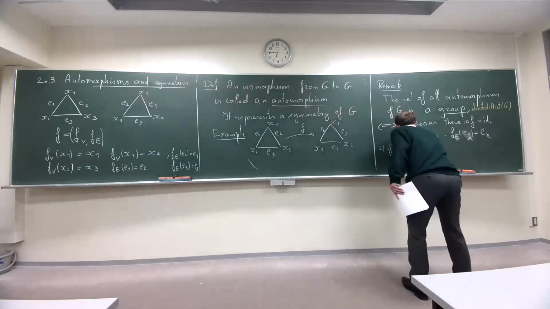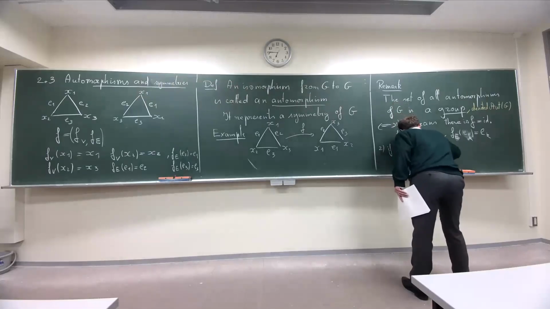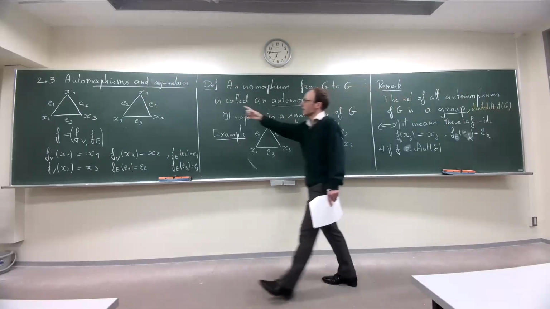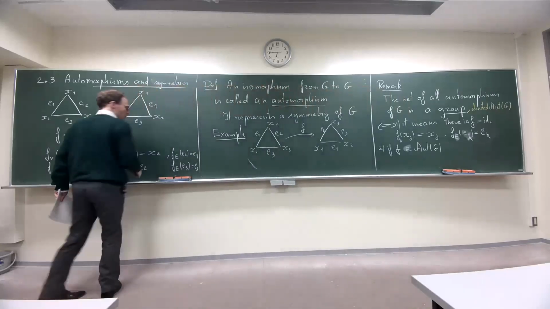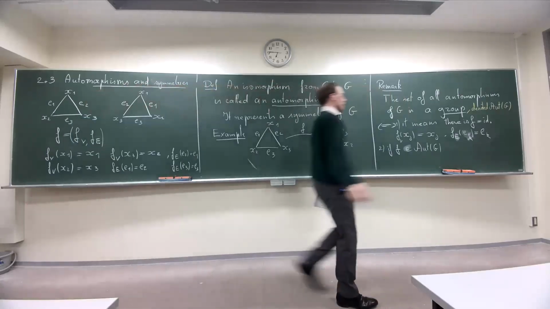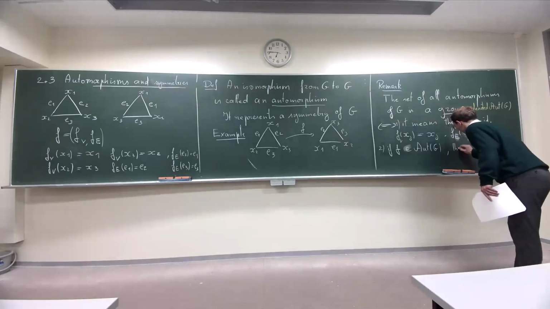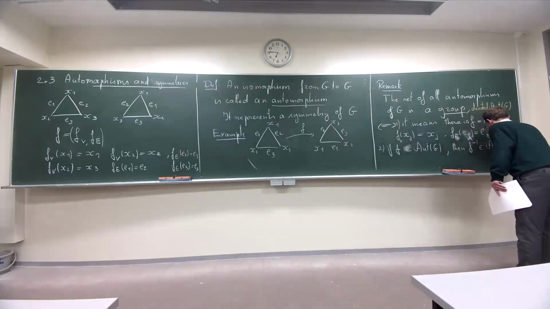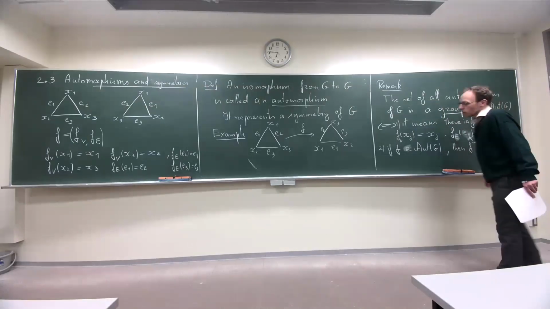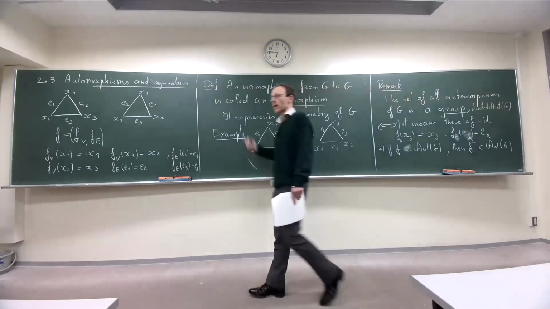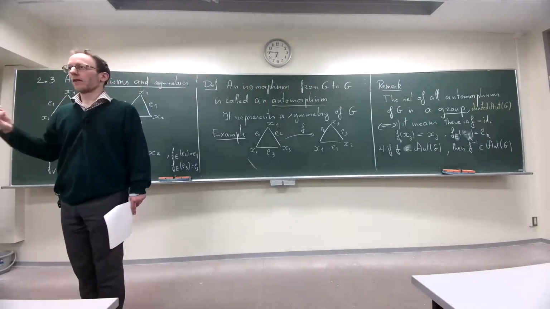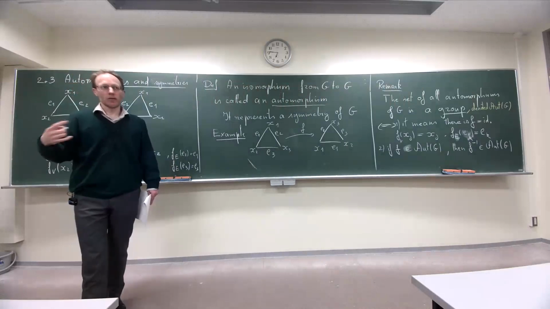So if f is an element of this group, so if it realizes an automorphism, then you can check its inverse. Then f minus 1 is also an element of Aut of G. Why can you define f minus 1? Remember, it's made of two functions which are bijective, so you can go in the opposite direction.